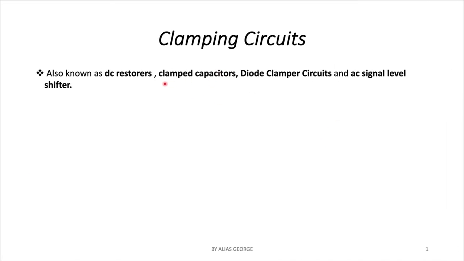So this clamping circuit is used for shifting the input waveform either upward or downward without affecting the input waveform in any manner. So we can see that there is no shape change for the input waveform.